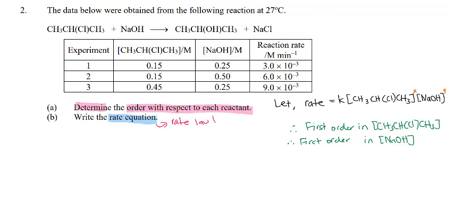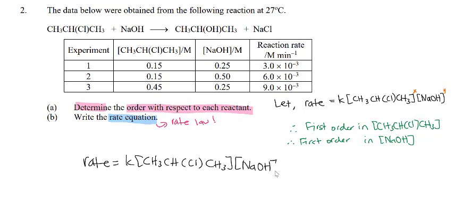Since we already have the order of reaction for both concentrations, just transfer it into this. So we will get rate equals k[CH₃CHClCH₃]¹[NaOH]¹. So that's it.